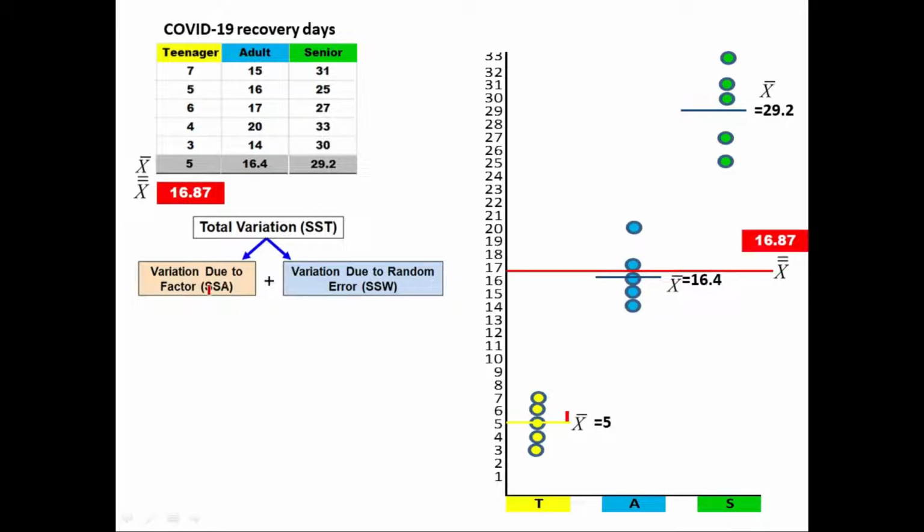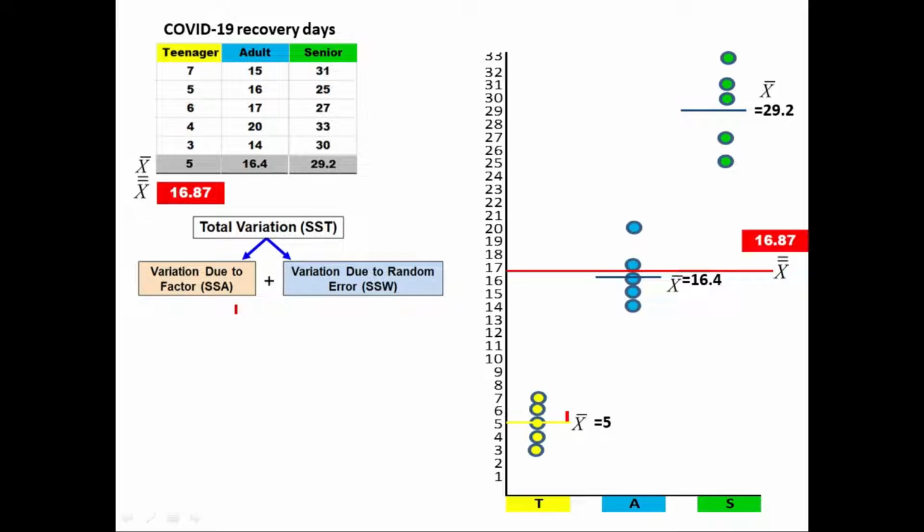SSA here means sum of squares, A is for among, meaning that we want to see variation among the groups. The second part is variation within groups, which is variation due to random error. SSW, W stands for within, meaning sum of squares within, referring to variation within groups.